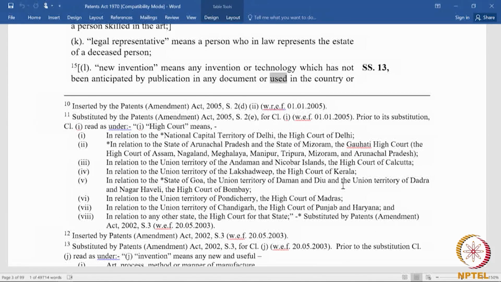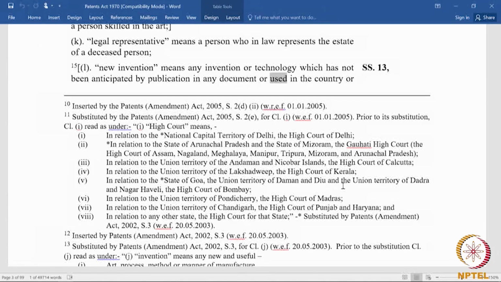So, for instance, if there was use of an invention, then the way in which we will understand that use is by people who have witnessed the use filing an affidavit and swearing a statement that they actually witnessed the use. Now, it is difficult to prove use by an affidavit filed by a person, because that would obviously involve examination of the person, and if somebody is disputing that piece of evidence, that person also has to be cross examined.